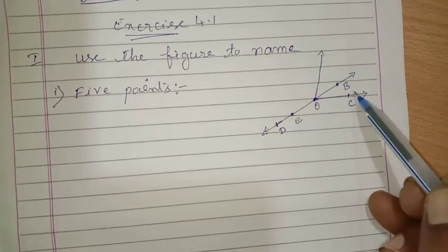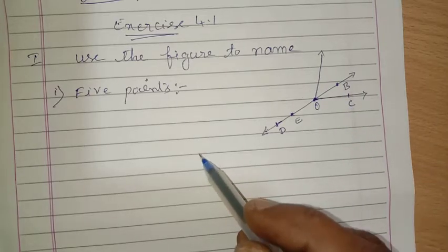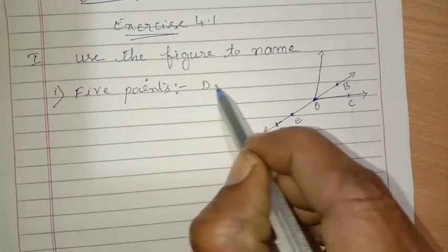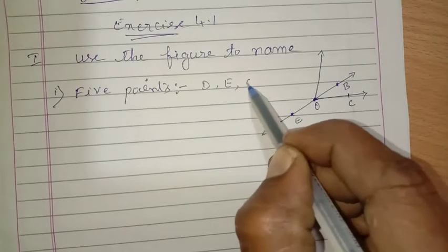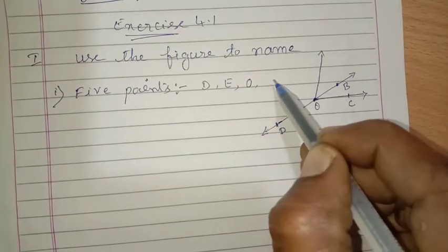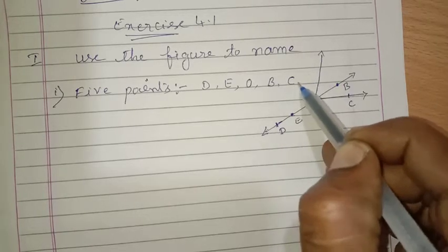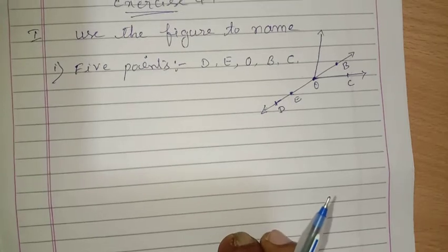There are 5 points in the figure. The first one is D, the second is E, the third is O, the fourth is B, and the fifth is C. These are the 5 points.